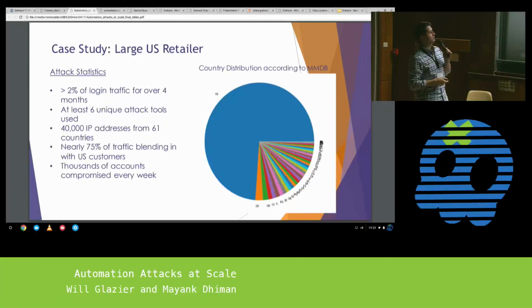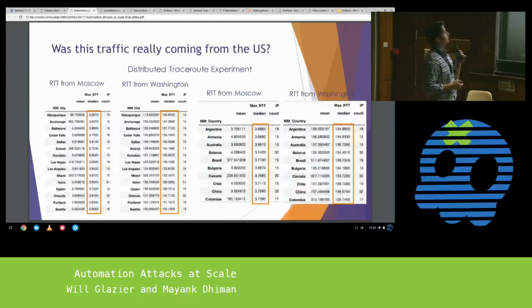Nearly 75% of it, according to MaxMind, blending in with United States customers, that's smart of the attackers. They want to blend in with where these guys are coming from. Thousands of accounts compromised every week. So, in reality, was this traffic really all coming from the United States?